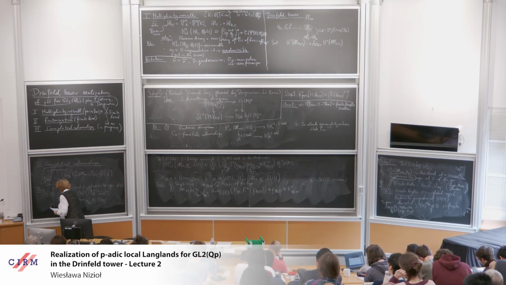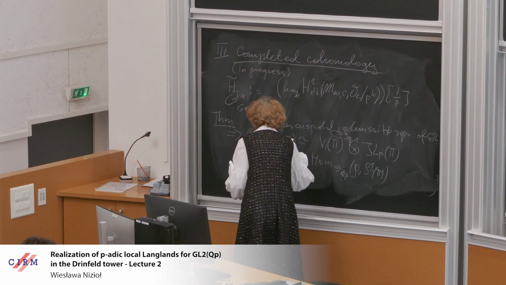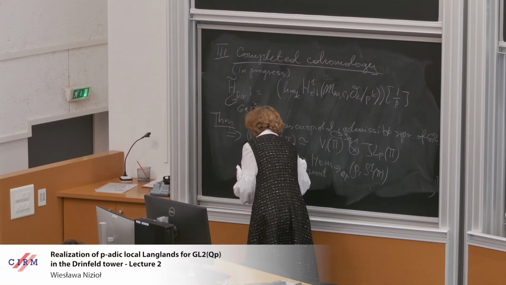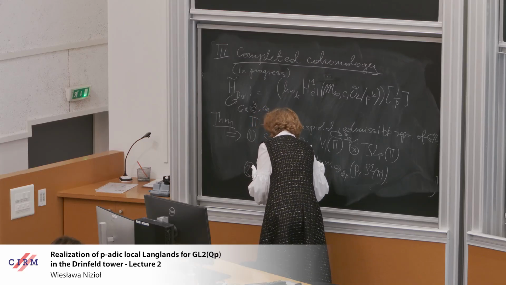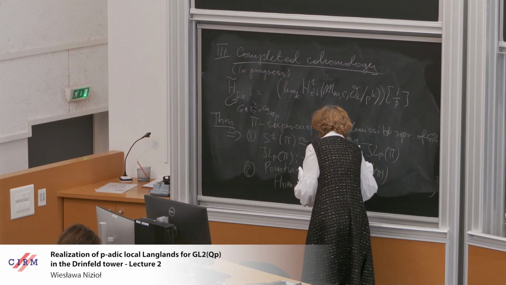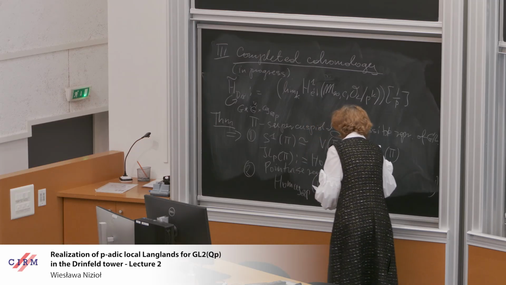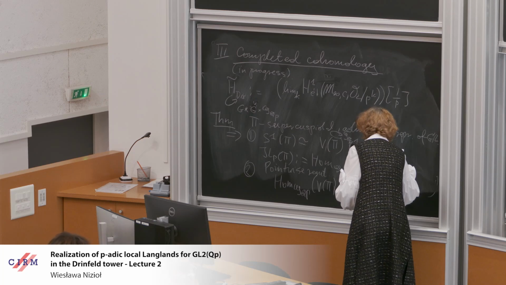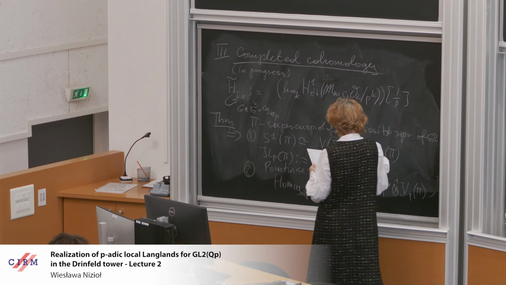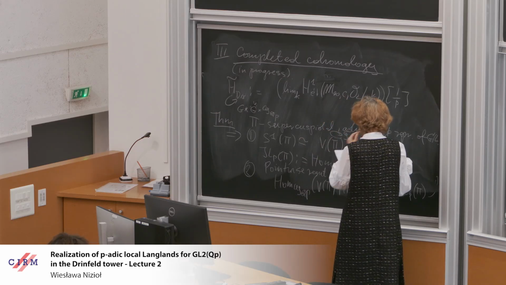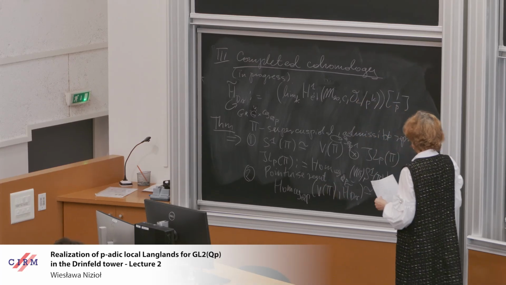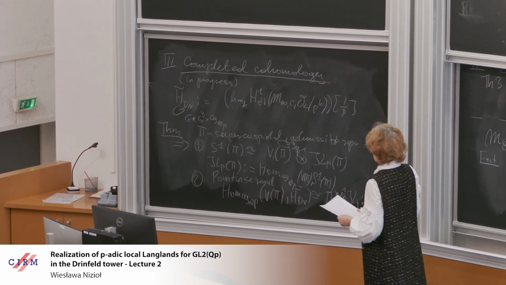So now pointwise result. Hom Galois of V in the Ramified pi dual and the Jacquet-Langlands. It should be written. Right.